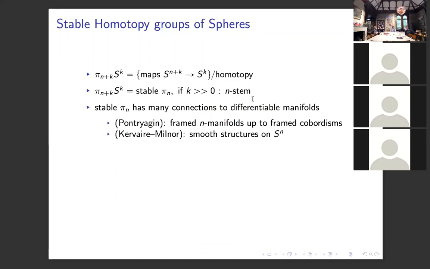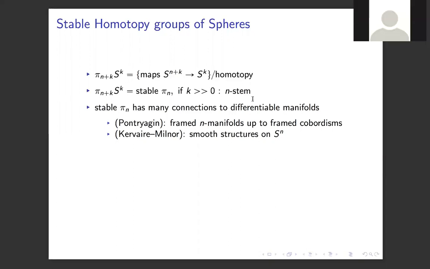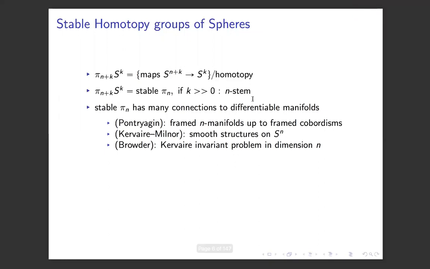The work of Kervaire and Milnor tells us the stable pi n actually classifies, in a certain sense, smooth structures on the n-spheres. And the work of Browder tells us the Kervaire invariant problem, which is another problem in differentiable geometry, that when the Kervaire invariant of a manifold is 0 or 1 in dimension n, also corresponds to a statement regarding the nth stable stems.